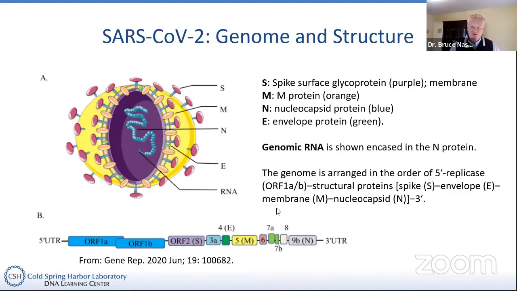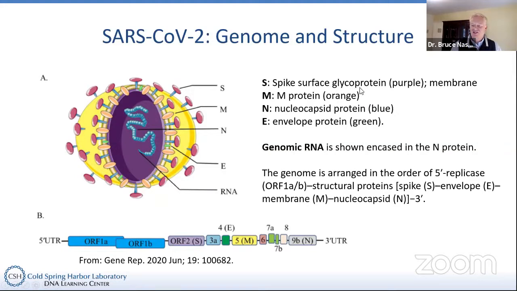Okay, so here's a cartoon version of what this coronavirus might look like. On the very outside is the product of the S gene. It's a spike protein. It's called a surface glycoprotein. It's on the surface of the virus.